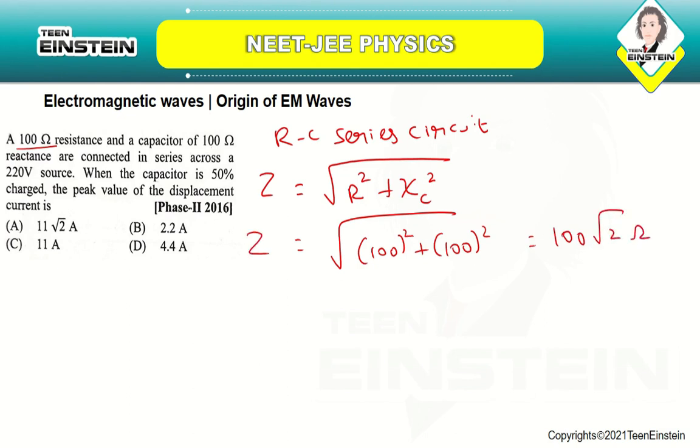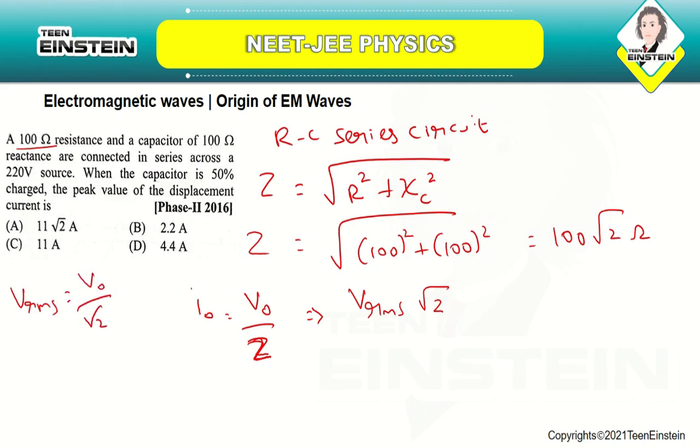So you have got the impedance value Z. Now the peak value of displacement current is given by I naught is equal to V naught by Z. V naught is equivalent to VRMS root 2, because VRMS is V naught by root 2.